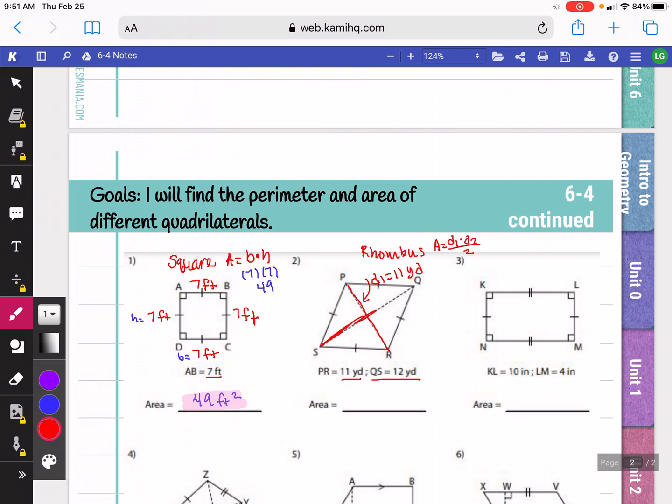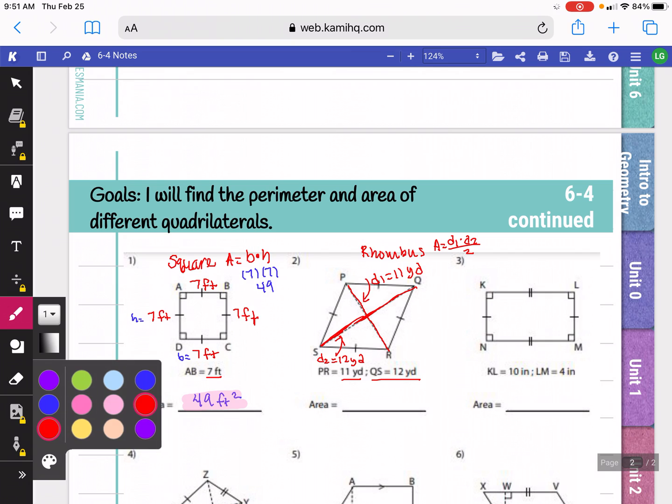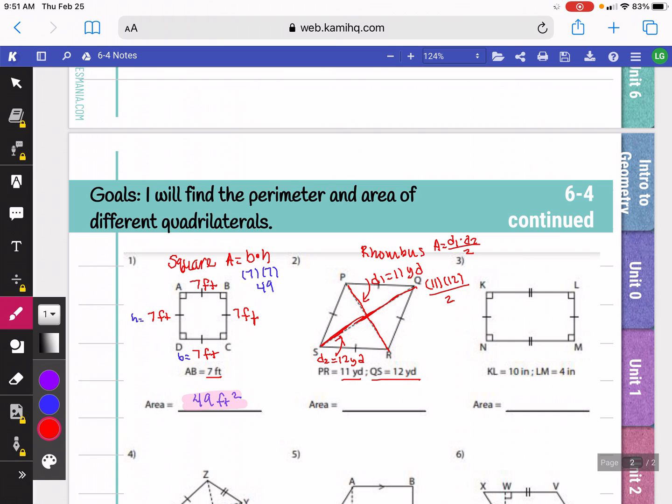That's going to be another diagonal here. I'll call that diagonal 2. So now I can plug into my formula. So I'm going to multiply my diagonal 1 times my diagonal 2 and divide by 2. So if we do 11 times 12, that comes out to 132. And if we divide that by 2, that comes out to 66. So our area is going to be 66 yards squared.